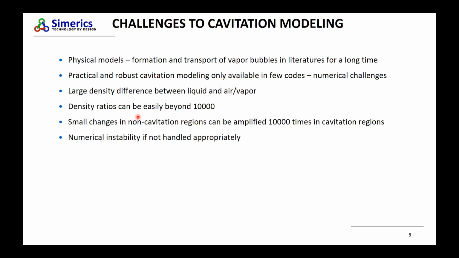The ratios between the high density and the low density can be in the order of 10,000. So any small changes in the non-cavitated regimes can get amplified 10,000 times in the cavitated regimes. This numerical instability can be hard to address if not handled properly.